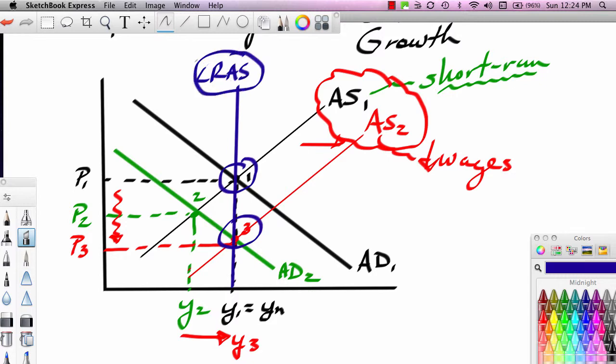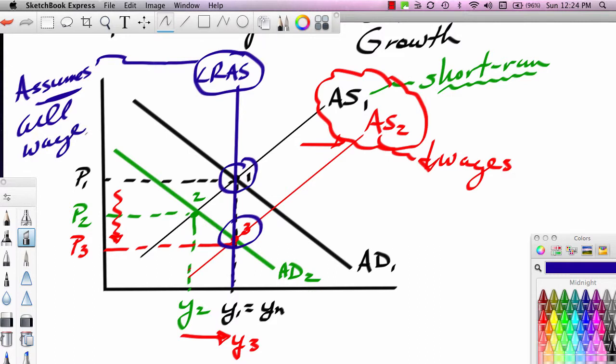And the long-run aggregate supply curve assumes that all wage adjustments have taken place. I think I can write that a little bit better. Let's try to clean this up a little bit.